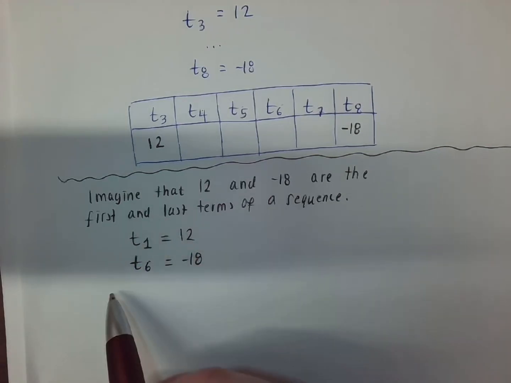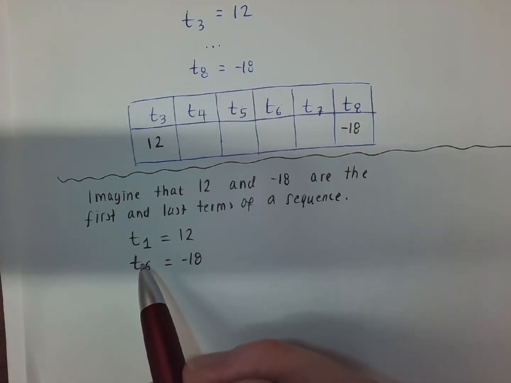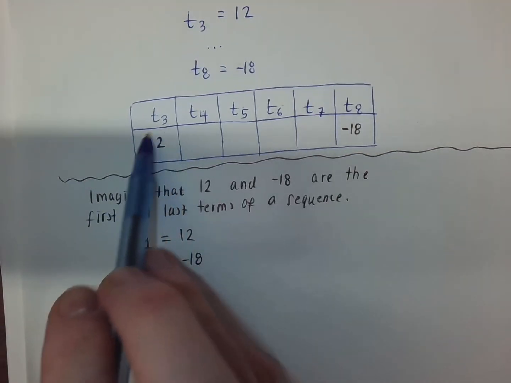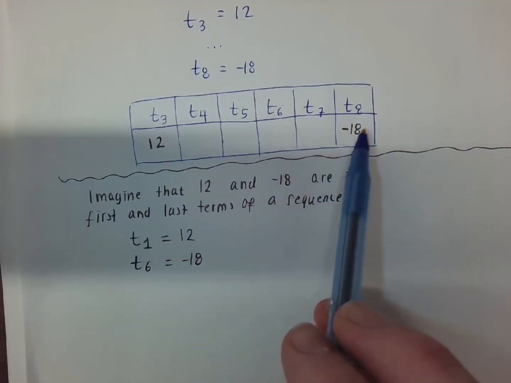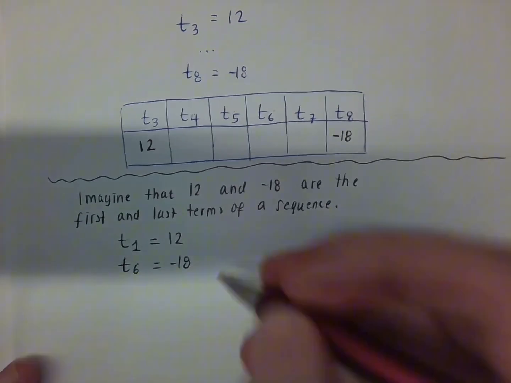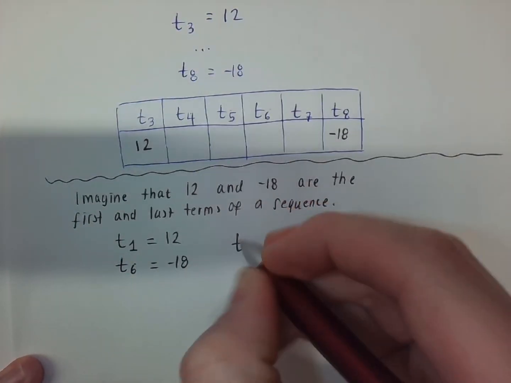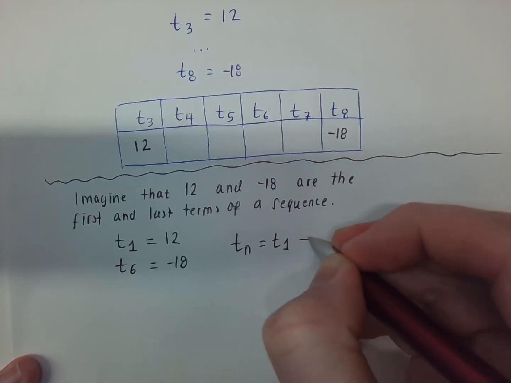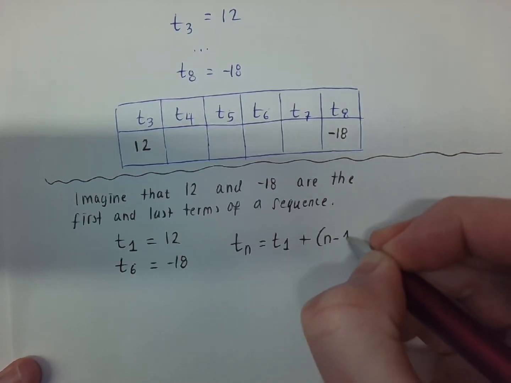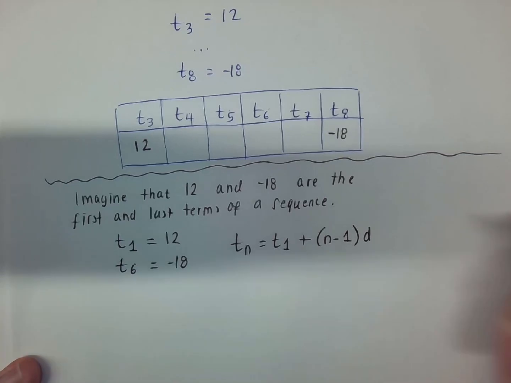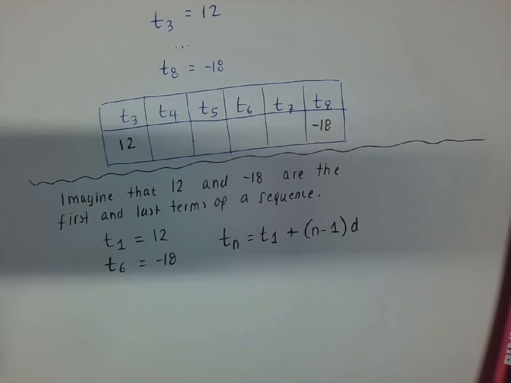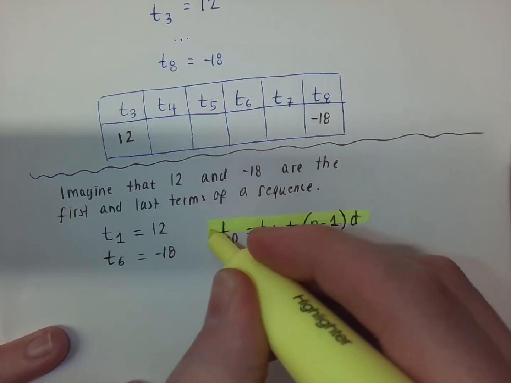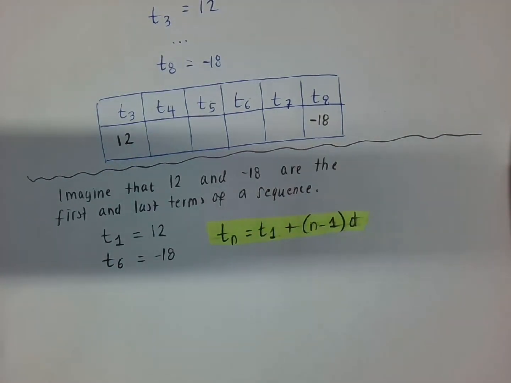If I think that this is the first term and this is the last term, then I am in a better spot, because just like we did last time, I can use this equation with D as the unknown.